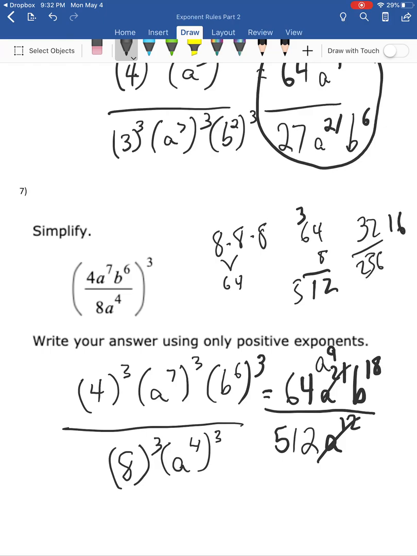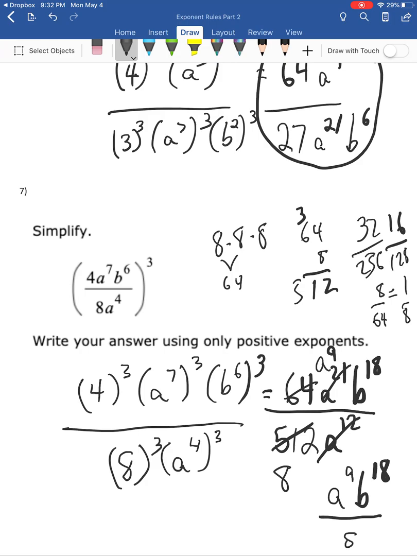Can divide by 2 again, 16 over 128. 2 again, 8 over 64. And these are each going to be divisible by 8. So that's going to be 1 over 8. Okay, so the final answer is a to the 9th, b to the 18th over 8.